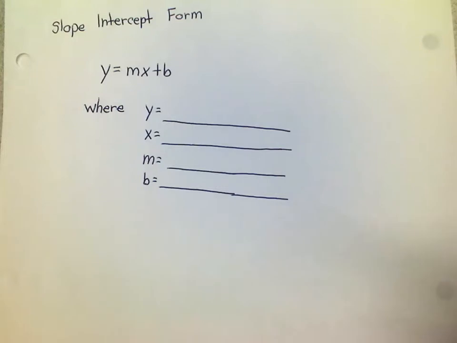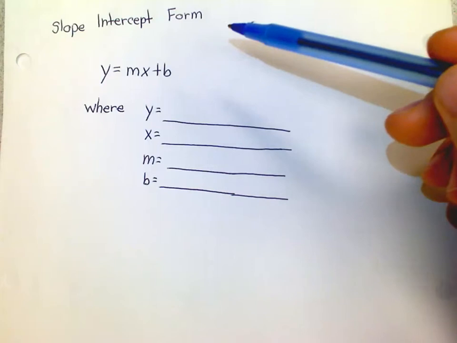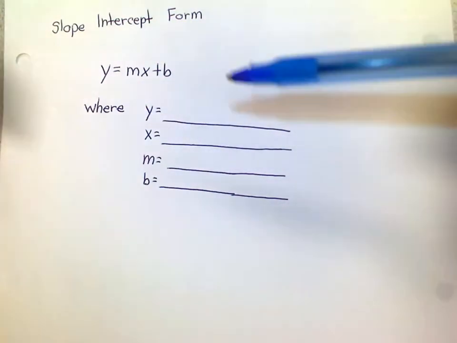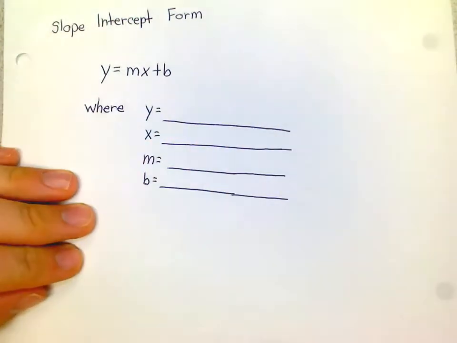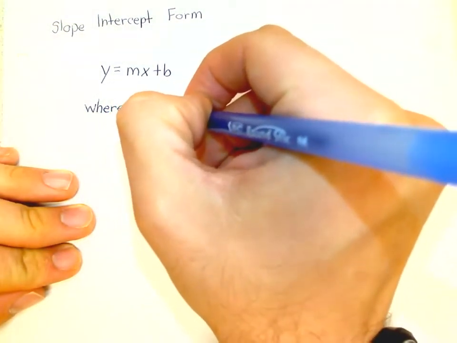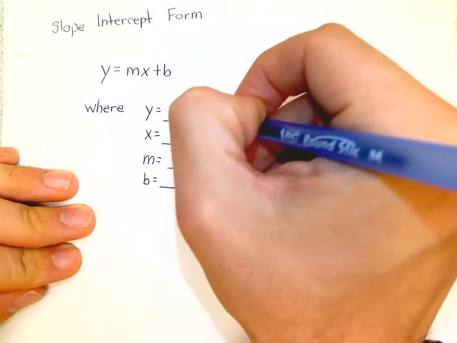So let's get started. Let's discuss what y equals mx plus b as a formula means. So let's start by dissecting what each piece of this equation is. Y and x are both parts of a point on a line. Y is the y point on the line.